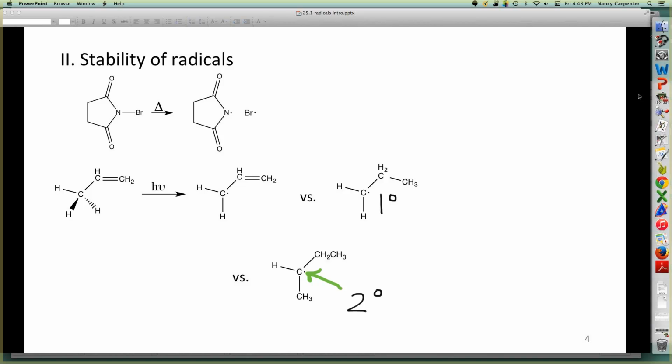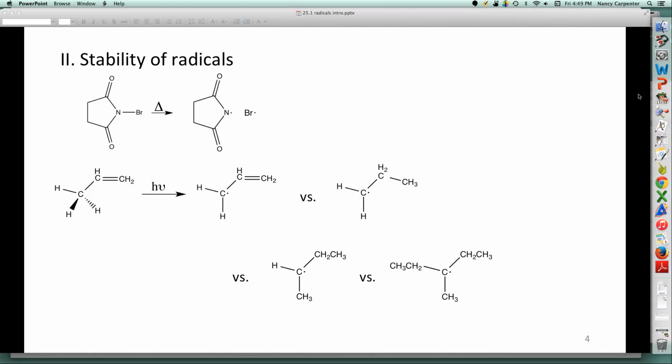If you remember carbocation stability, you remember that alkyl groups are electron releasing. So the more electron releasing alkyl groups there are around this electron poor carbon, the more stable it's going to be.